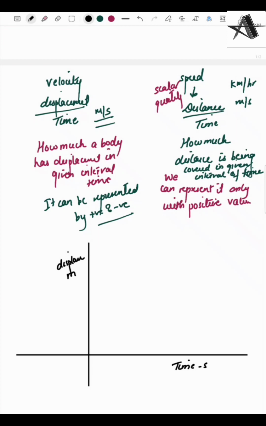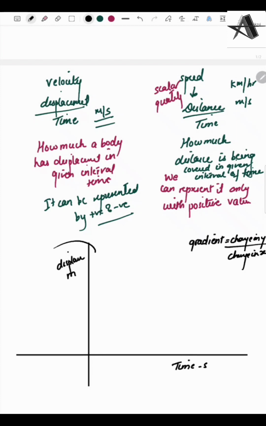Just by looking at even a random graph, you should know what the gradient and the area under the curve will give you. And there's a simple way to understand that. Gradient is the slope or steepness you're calculating, or simply how one variable is changing with respect to another variable. The way to calculate the gradient is change in y over change in x.